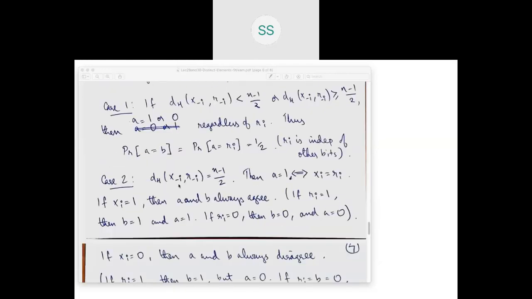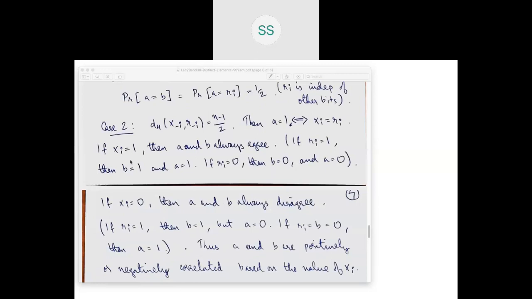And in the other case, the Hamming distance between x minus i and r minus i is n minus 1 by 2, which is exactly half. So now what A is depends on whether xi and ri agree or disagree. And what we can easily verify is that if xi equal to 1, then A and B are the same, and if xi equal to 0, then A and B are different.